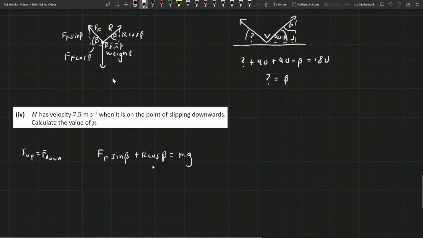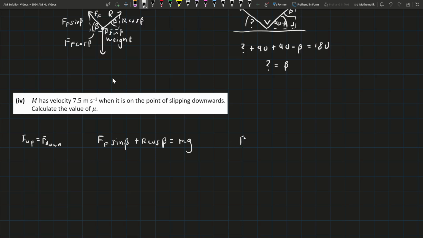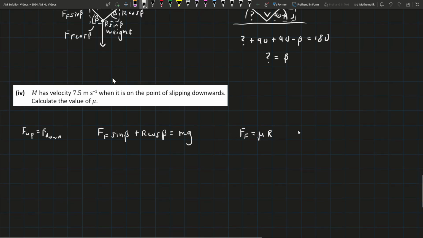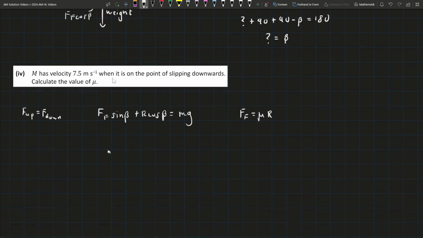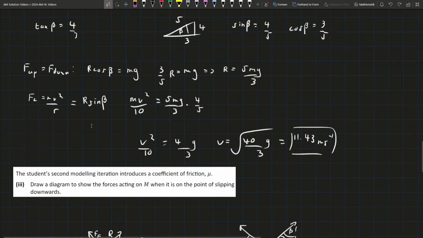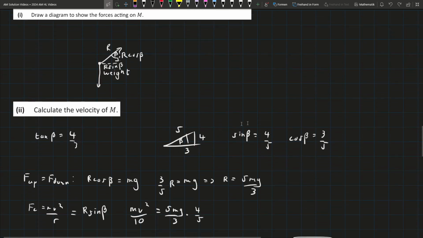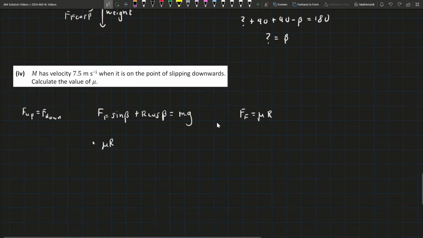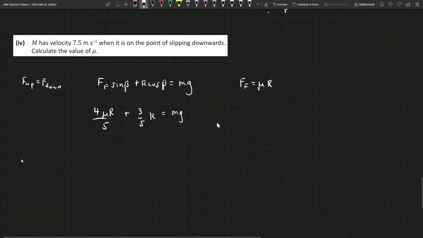The force of friction is always equal to mu times the reaction force. So we'll have mu R, and sine beta we figured out is 4/5, so 4 over 5 plus cos beta, which is 3/5, equal to mg. We won't do anything with that yet because we don't know what we need.